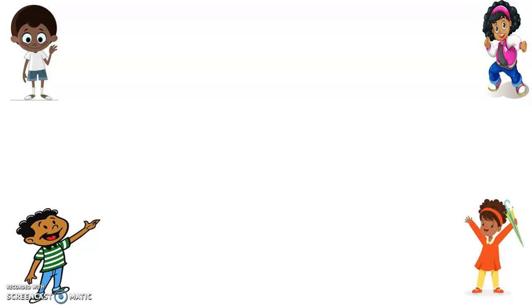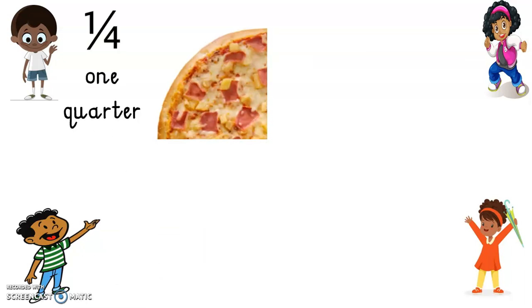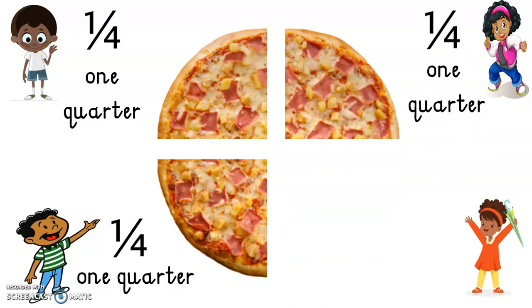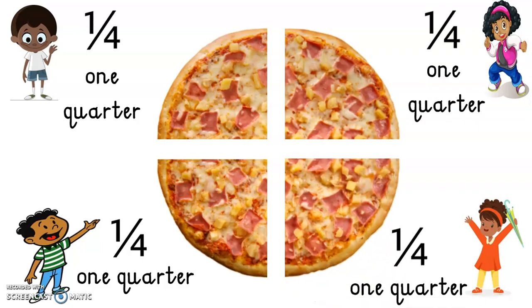Hello Ben, hello Siseko, hello Annie, hello Amelia. Are you ready for your pizzas? Yay! Ben will get 1/4 of a slice. Siseko will get 1/4 as well. Annie will get 1/4 and Amelia will also get 1/4, which is a quarter slice of the whole pizza.